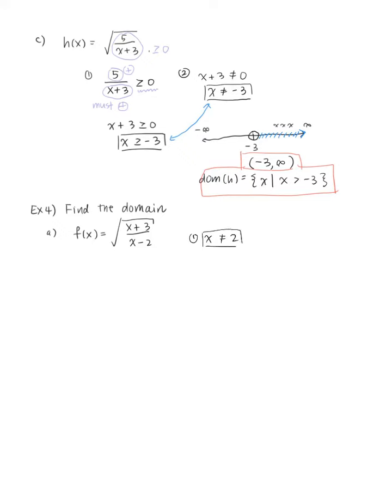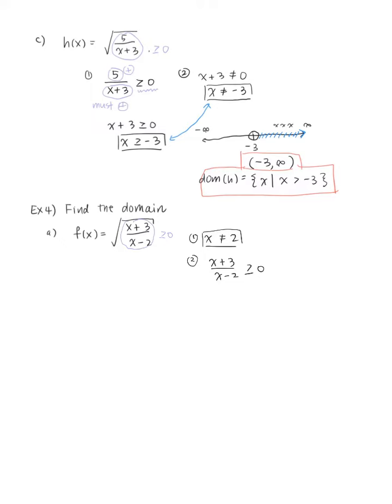All right. Now, the second restriction is that whatever sits inside of the square root, an even root, must be greater or equal to 0. Correct? So here, (x plus 3) over (x minus 2) must be greater or equal to 0, which means this quotient has to be positive.